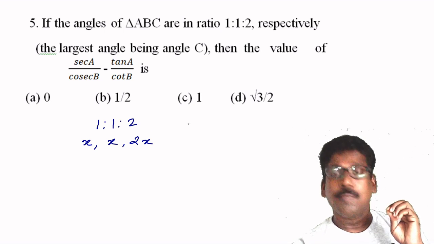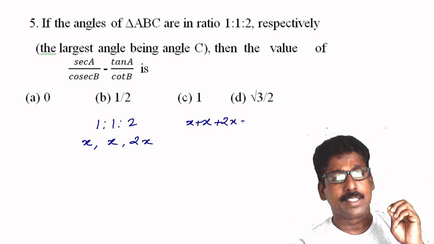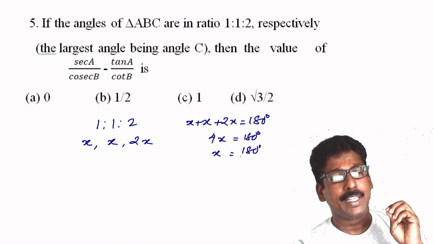That means by angle sum property, x plus x plus 2x is equal to 180 degree. That is 4x is equal to 180 degree. X is equal to 180 degree by 4. That is 45 degree.